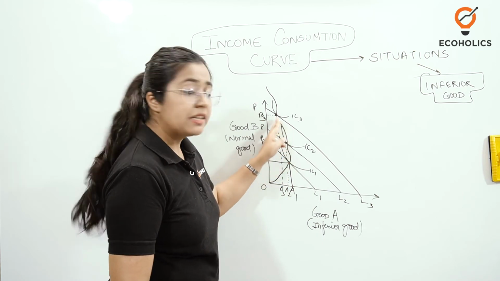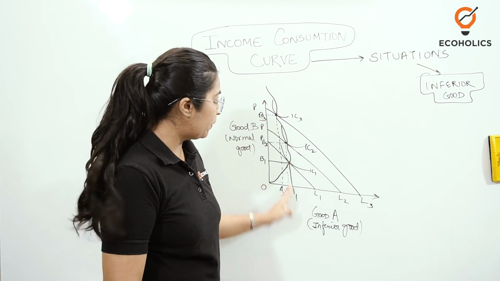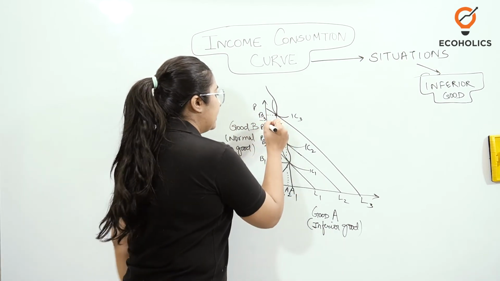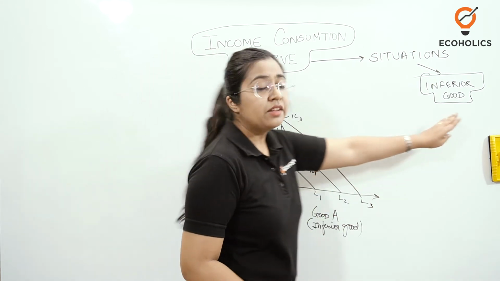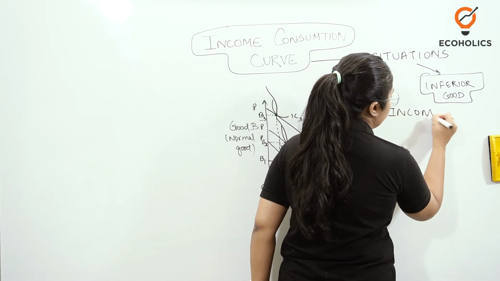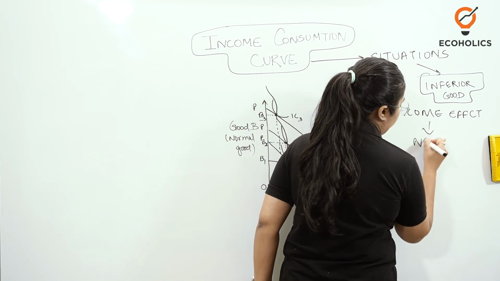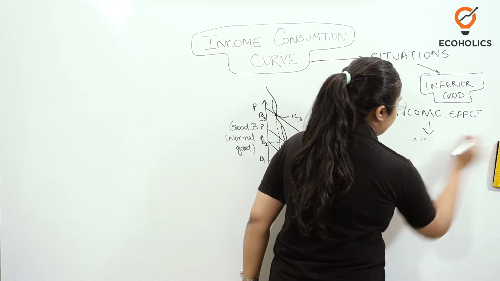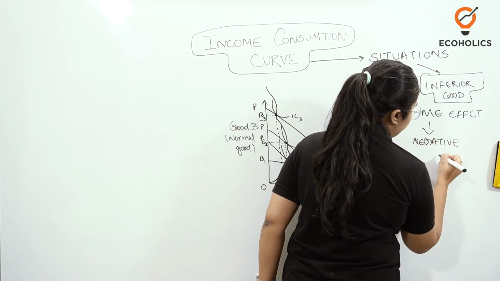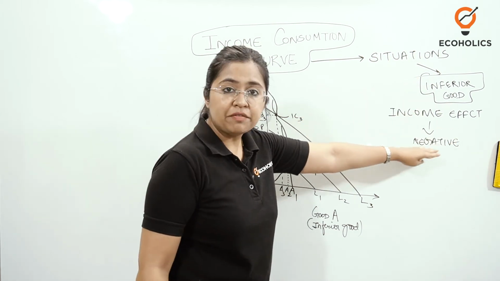However, as the income started to increase further and further, your choice as a consumer to purchase the inferior good became lesser and lesser, and that means that for the inferior good, the income effect plays a negative role or a negative relationship. Okay, so for inferior goods, your income effect is negative.